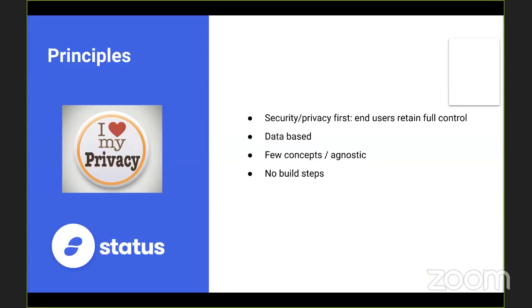But obviously we don't want that. We want to make sure the end user retains full control over the kind of information they share, cannot be easily scammed, and will not lose any funds. That's the main principle we have when designing extensions.